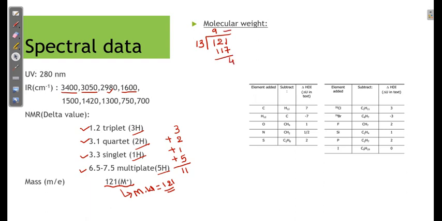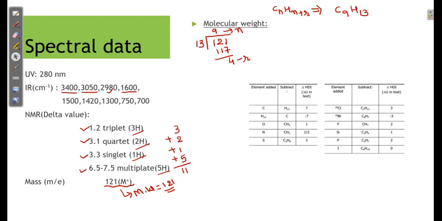So this is our n, this is our r. According to CnH2n plus r, our molecular formula could be expected as C9H9 plus 4, that is 13.